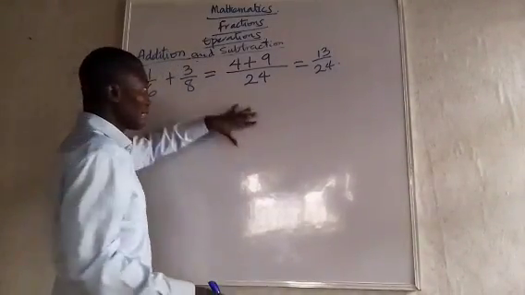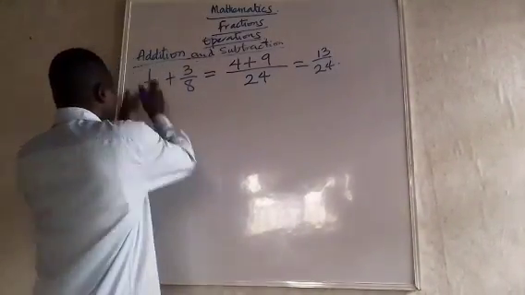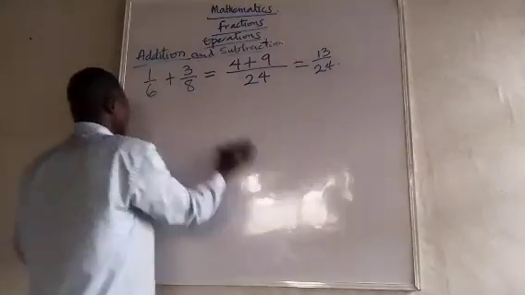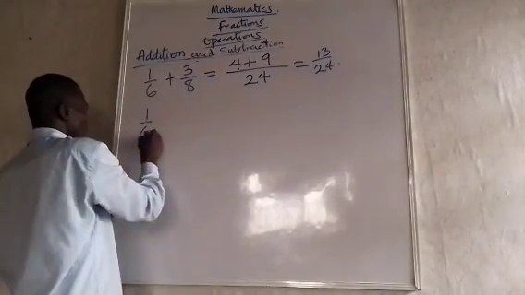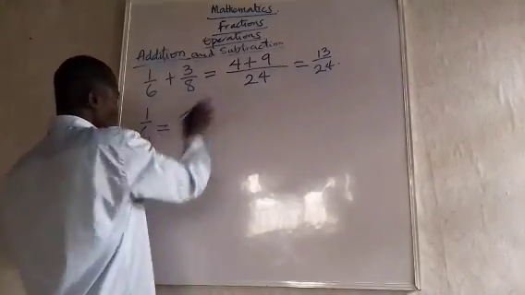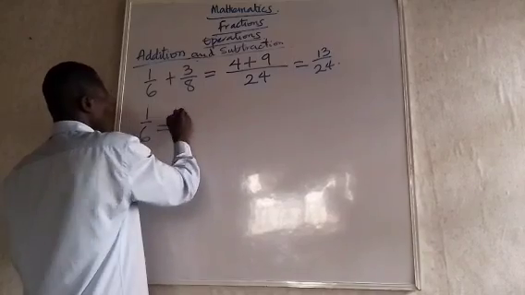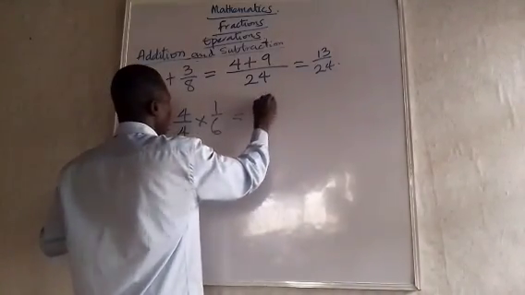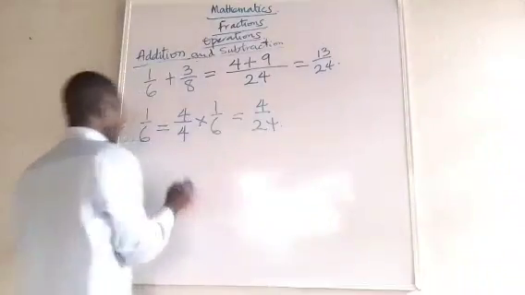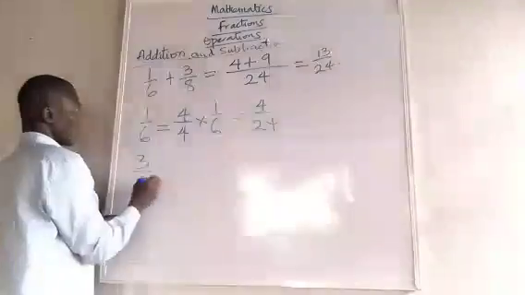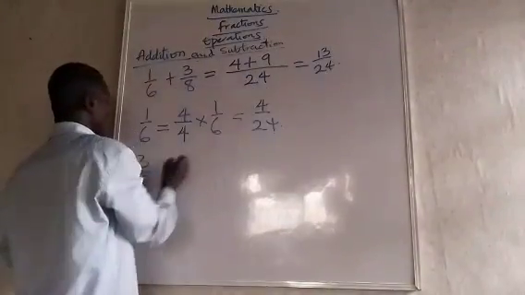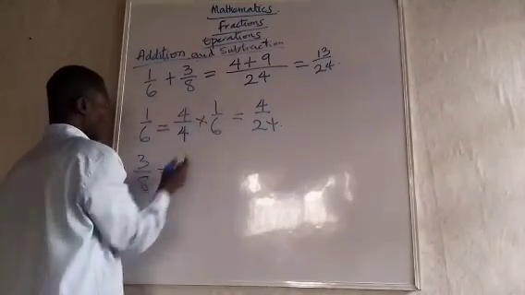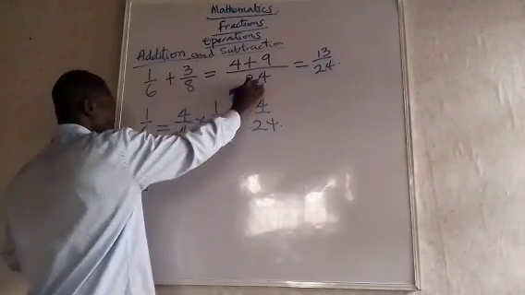Now, look at this. We have been able to establish that the LCM is 24. Now, to get the equivalent of this with 24 as the denominator, 1 over 6 will be equal to 4 times 1 over 6. And what does that give us? 4 over 24. For 3 over 8, to make the denominator equal to 24, we have to multiply by the answer when we divide 24 by 8.